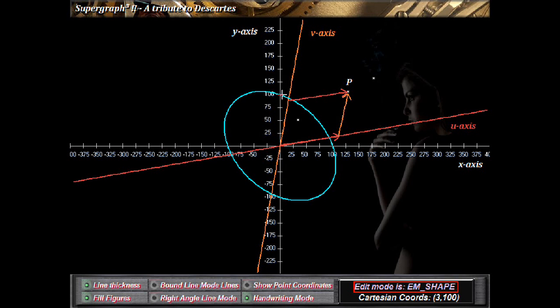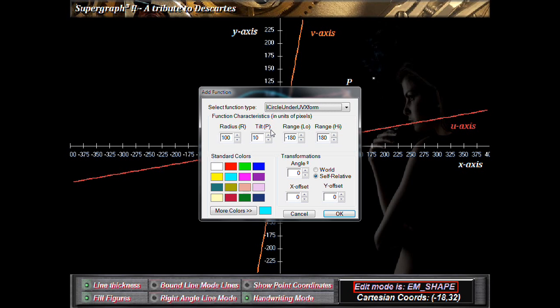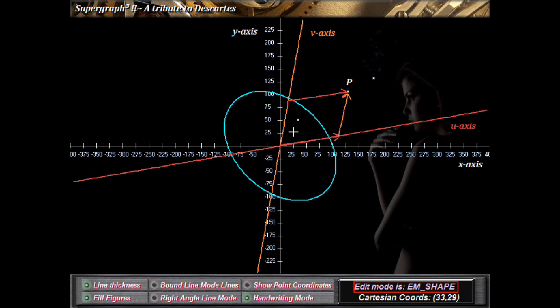So if I drew a perfect circle of radius 100 in my land and then viewed that in the UV land, you can see that it certainly gets fatter as far as UV is concerned.